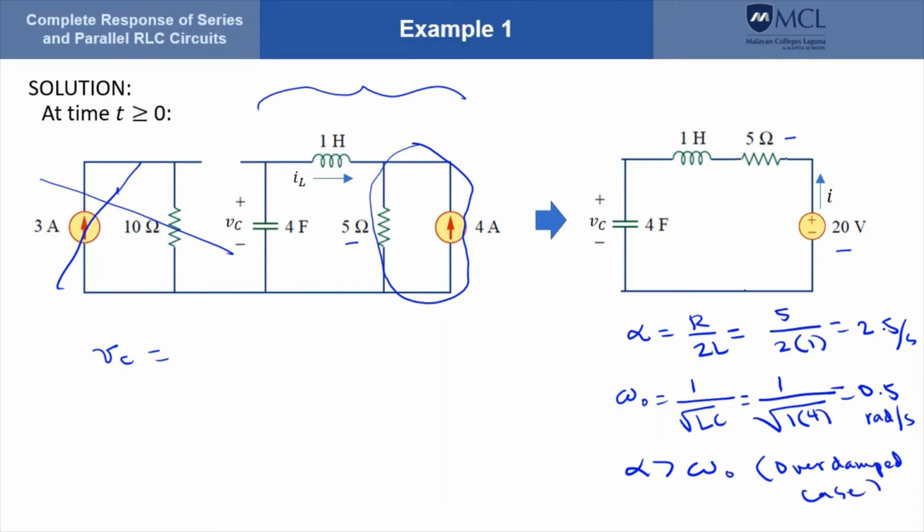And the solution for V sub C there is V sub S plus A1 e to the S1 t plus A2 e to the S2 t.